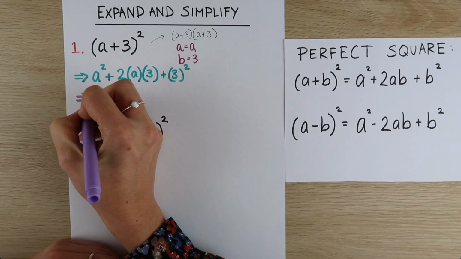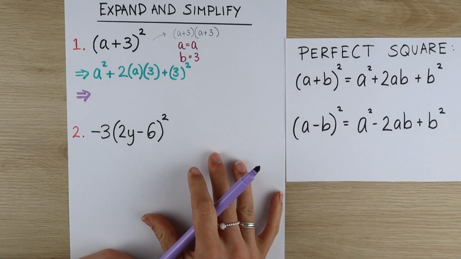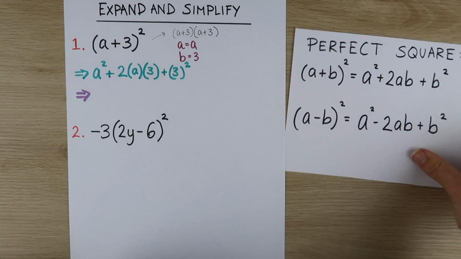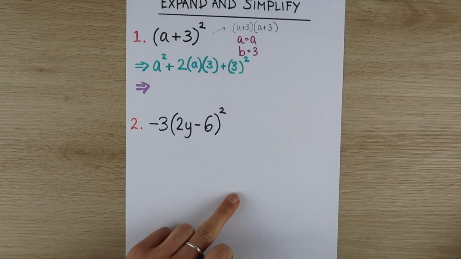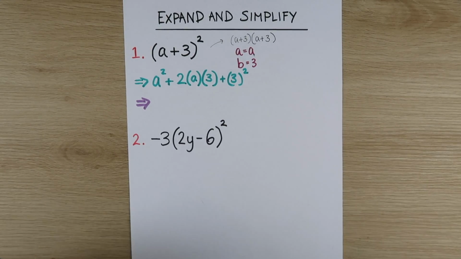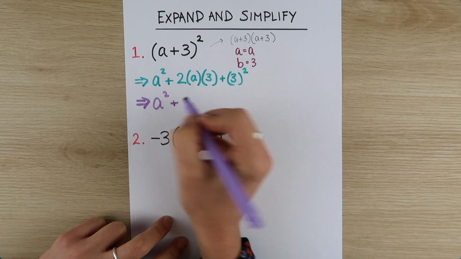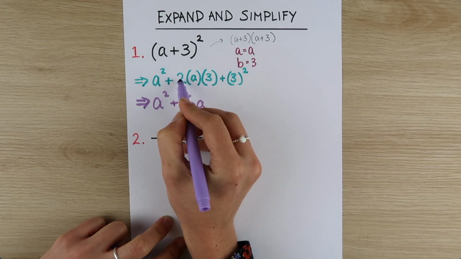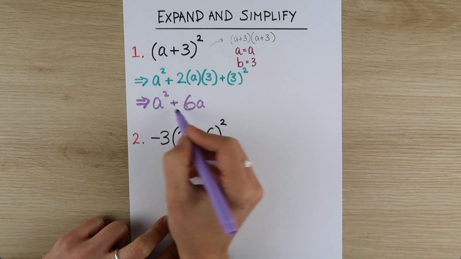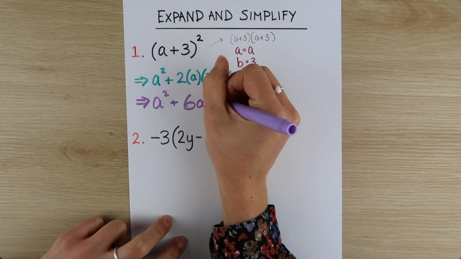I'm going to do this further, but this time I'm going to simplify. So we don't actually need this anymore technically, so I'm just going to put that to the side. A squared stays as is, plus 6a, because 2 times 3 is 6, and that comes out the front of the A, plus 9.